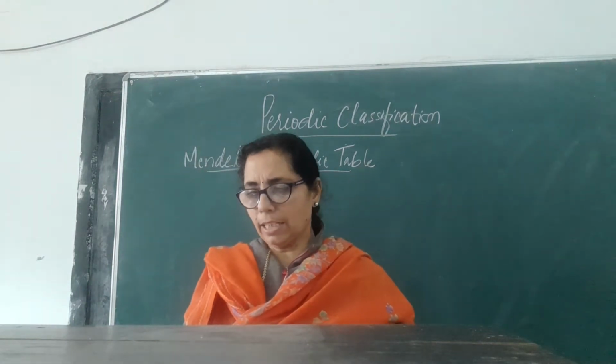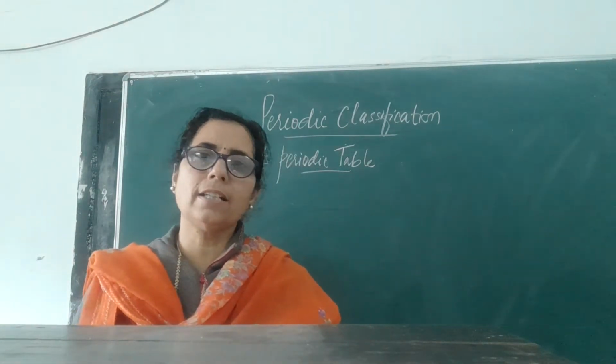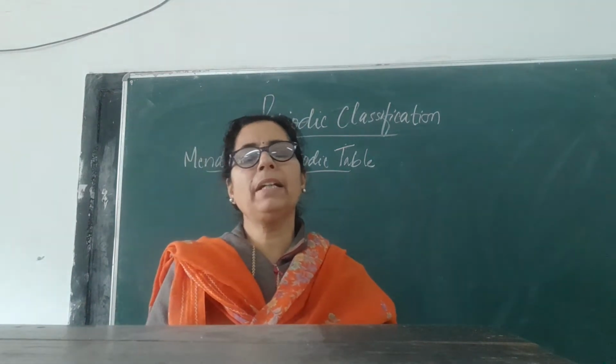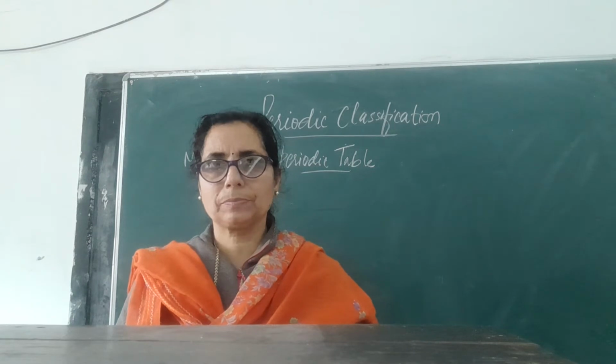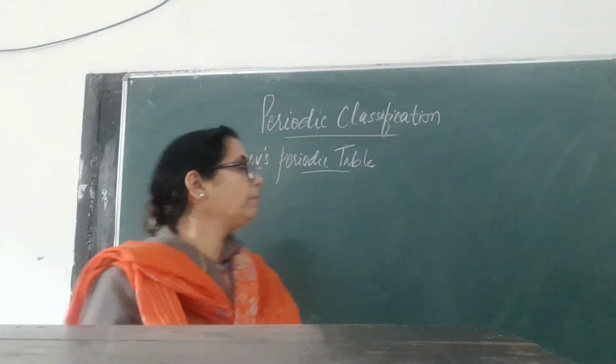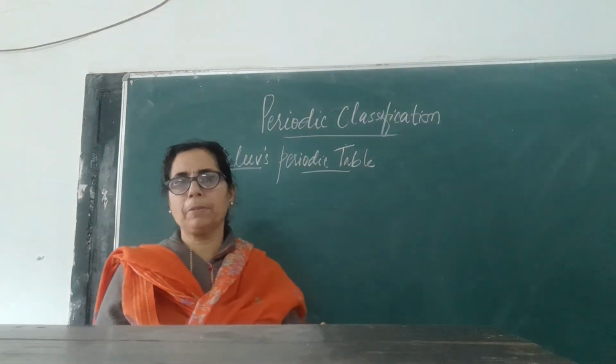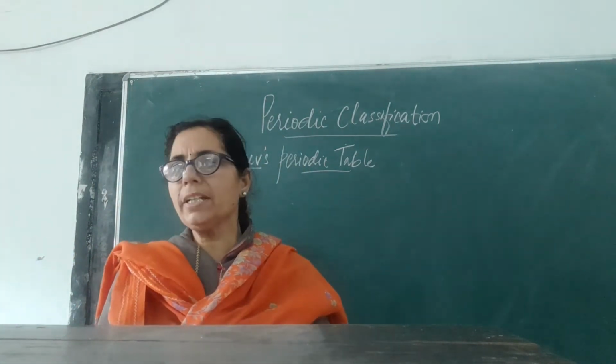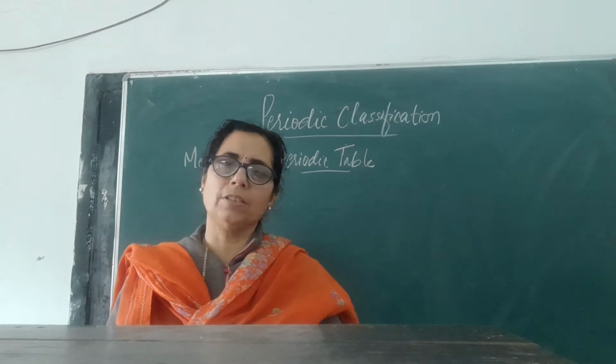You can see Table 5.4 in your NCERT book, where a complete table for the Mendeleev periodic table has been given. Because it is not possible for me to draw the whole big periodic table on the board, you refer to your NCERT book for the points I am going to tell you in this video.